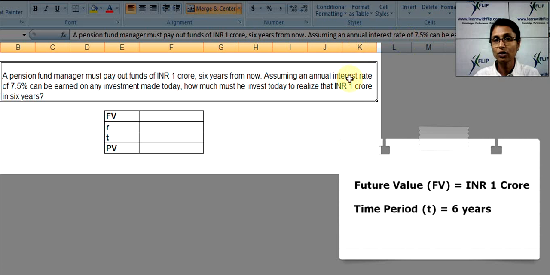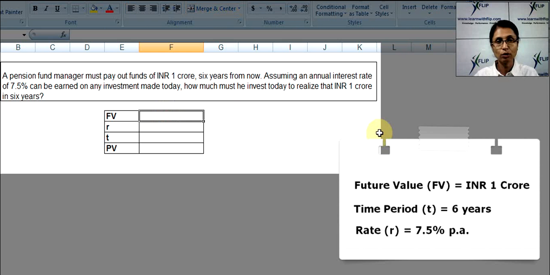Assuming an annual interest rate of 7% must be earned on any investment made today, how much must he invest today to realize that INR 1 crore in 6 years? So we know the future value. We are being asked what is the present value of that INR 1 crore.